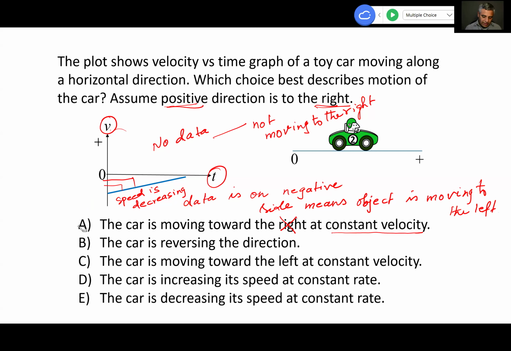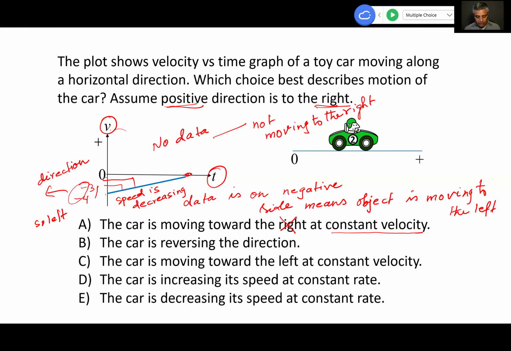So these are negative numbers. For example, let's say this was -4 and this was -3. Negative means the direction of the vector is left, and you see the number is decreasing. It's getting towards 0.